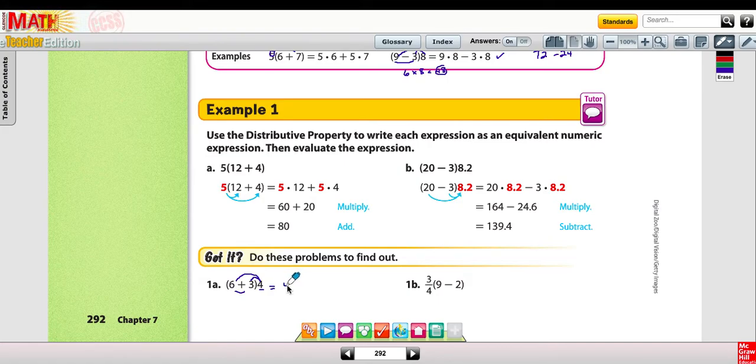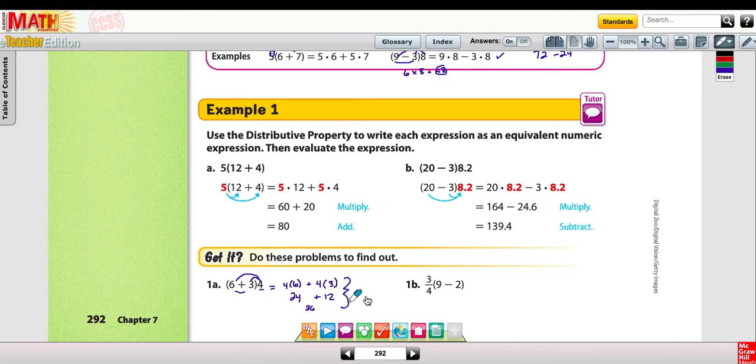So we have 4 times 6 plus 4 times 3. 4 times 6 is 24, 4 times 3 is 12, and 24 plus 12 is 36.